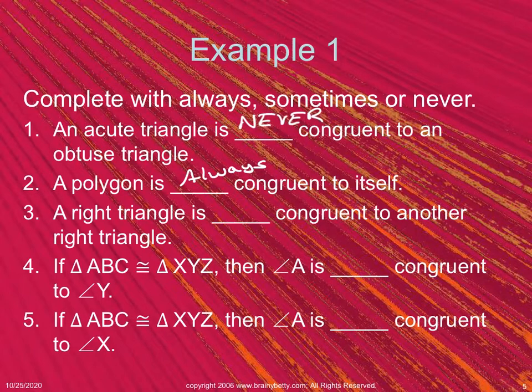A right triangle is blank congruent to another right triangle. This one would be sometimes. The only thing that it would have in common here is that it would have a right angle, but the other 2 angles could be different. So this would be sometimes.